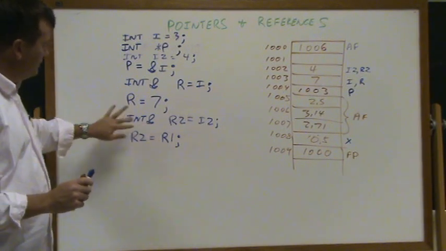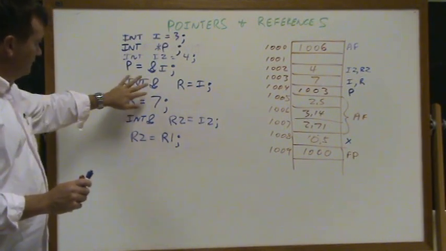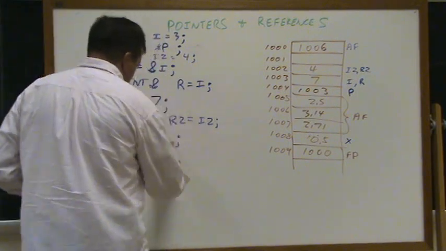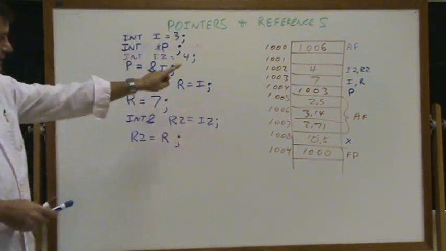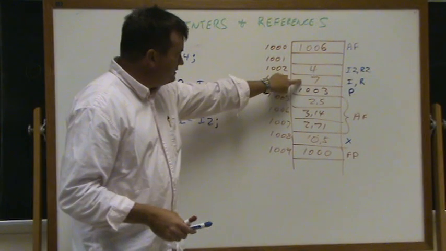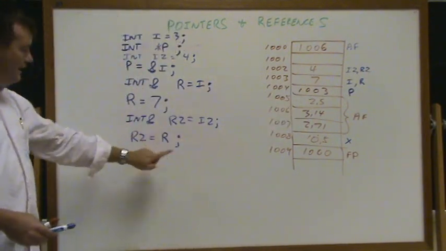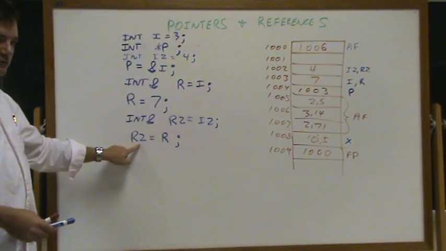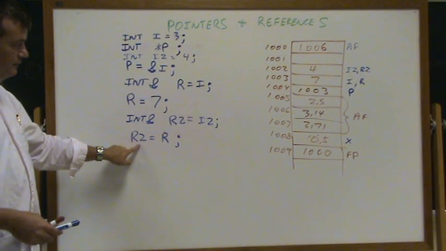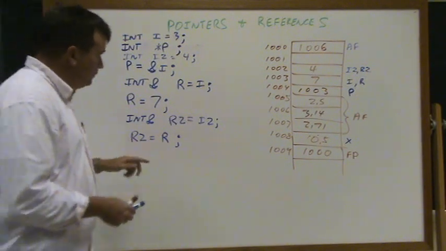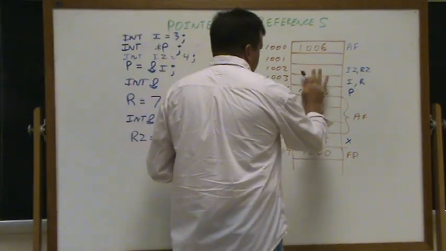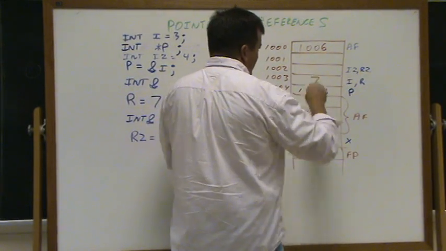Wait, is there an R1? No, it's just an R, sorry. Okay, the contents of what R is referring to, which is a 7, will get copied over to what R2 is referring to, which is this location. So this 7 would get copied over here.